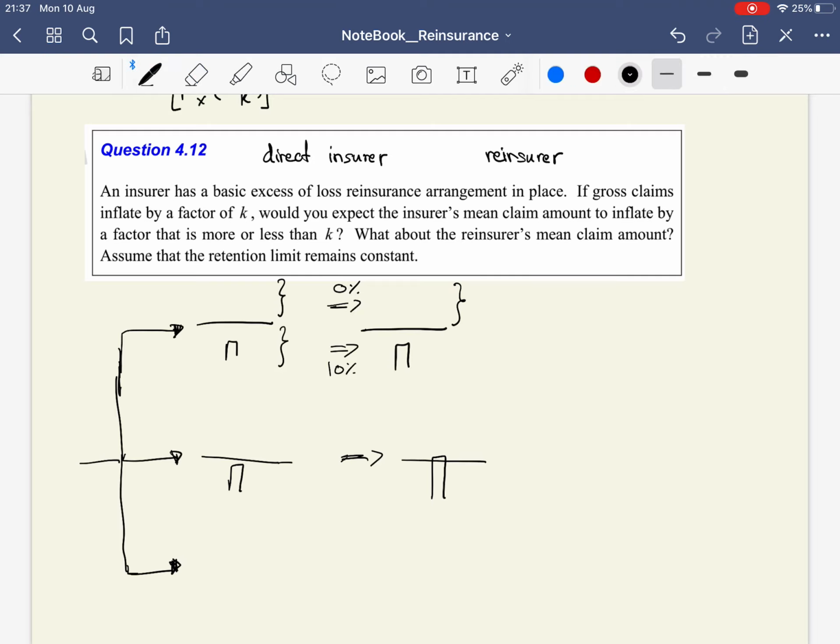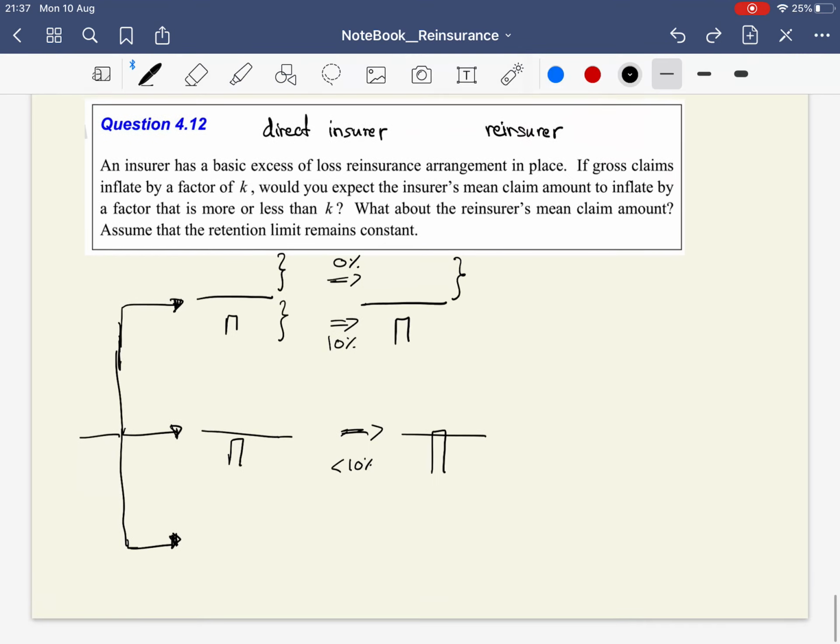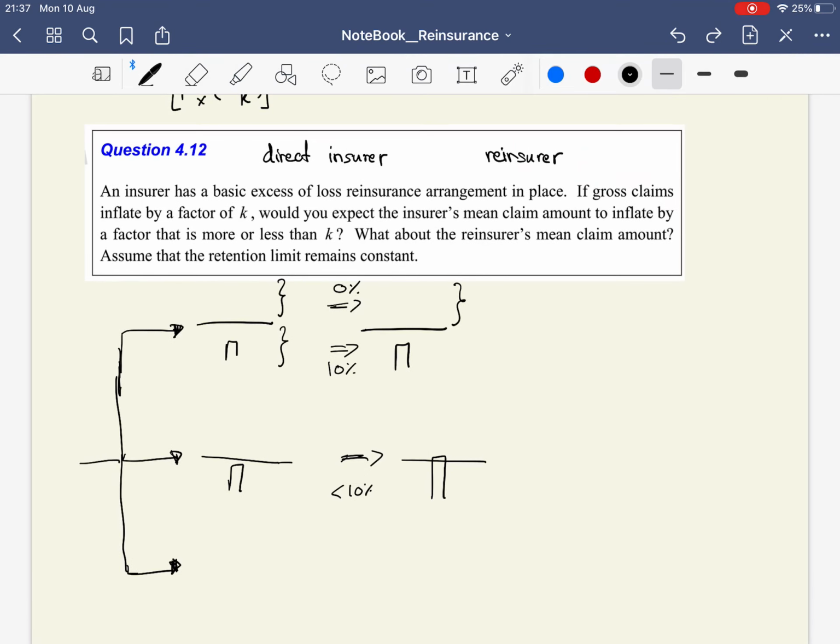We don't know how much it is, but less than 10%. And for the reinsurer, because originally they didn't have to pay anything, we cannot calculate it in percent, but it just increases a little bit, right? Because last year we didn't even see it. So what should I say about it, maybe a little bit, okay?